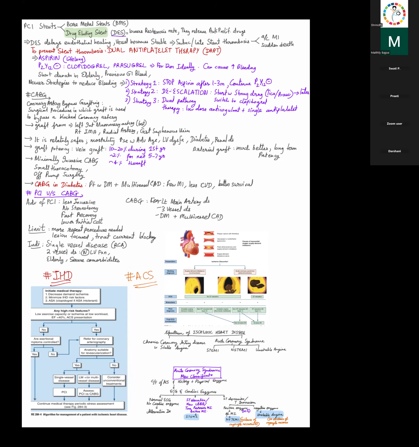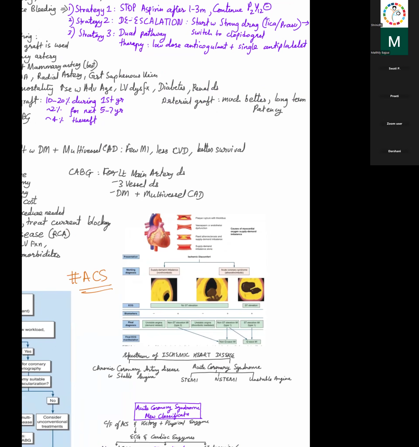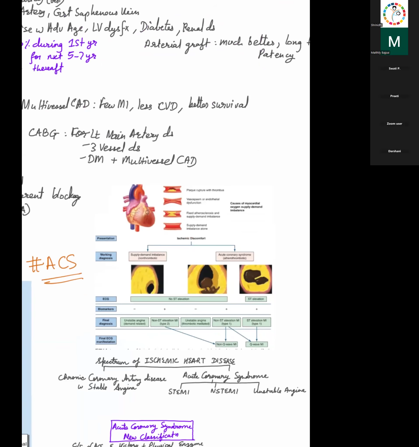And if the patient is not suitable for revascularization, then we'll consider unconventional treatments and continue with the medical therapy. Then this is all we have done in the previous discussion, how ACS is formed.